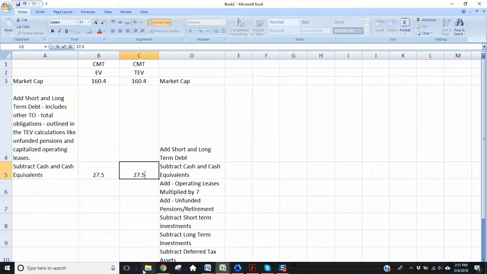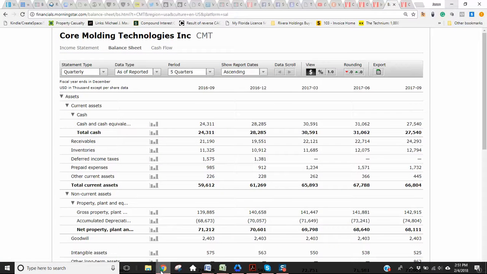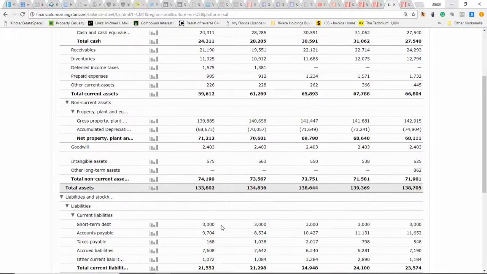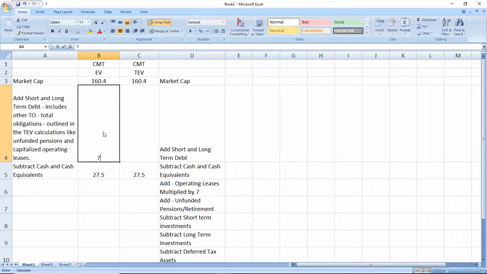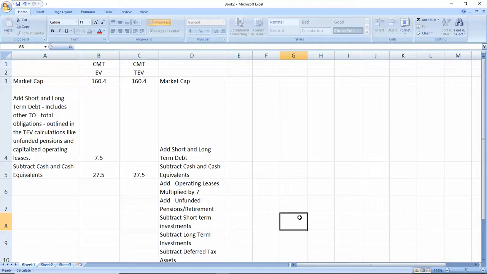Short-term debt of 3, long-term debt's 7.5. Again, we'll add these numbers over here once we get to that point.